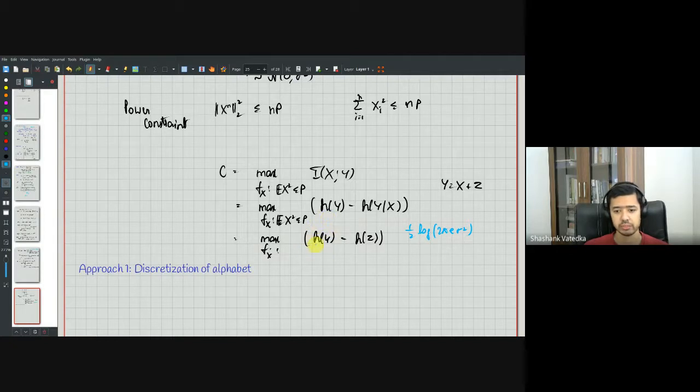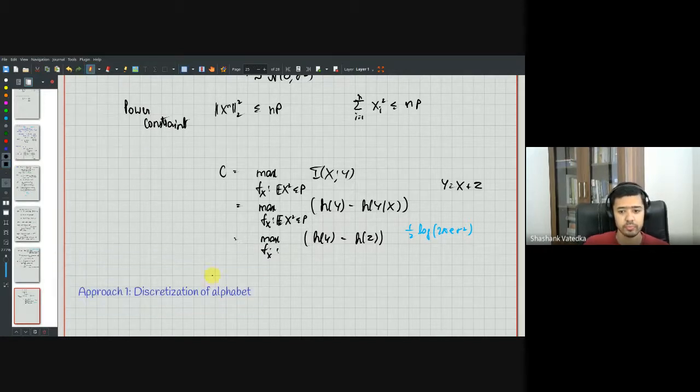And h(Y) is maximized. So basically, the capacity can be obtained by maximizing h(Y), which is h(Z plus X), and this turns out to be maximized when you choose f_X to be Gaussian with mean 0 and variance P. So this capacity is simply equal to half log 2 pi e times, if we choose X to be Gaussian with mean 0 and variance P, then Y will be Gaussian with mean 0 and variance P plus sigma squared, minus half log 2 pi e sigma squared.